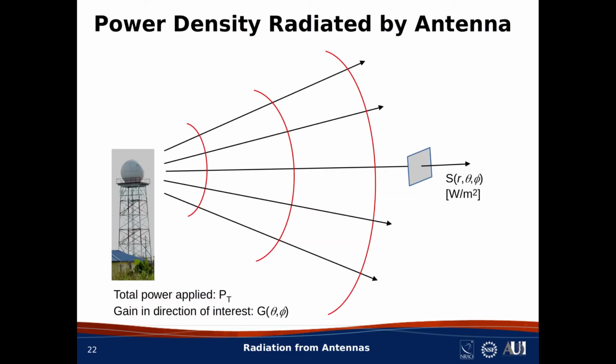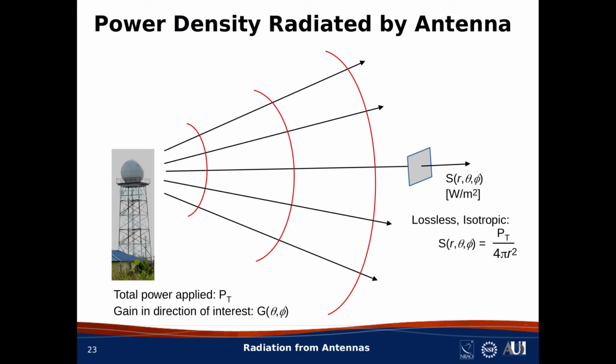So now we've come full circle. We want to know the power density at a certain distance r from this antenna and in the direction theta, phi, which may or may not be the direction of greatest directivity. The things we know about the antenna are the power applied to the antenna and the gain of the antenna. Now, as a reminder, if this antenna were isotropic and lossless, we know the answer would be simply total power divided by 4 pi r squared.